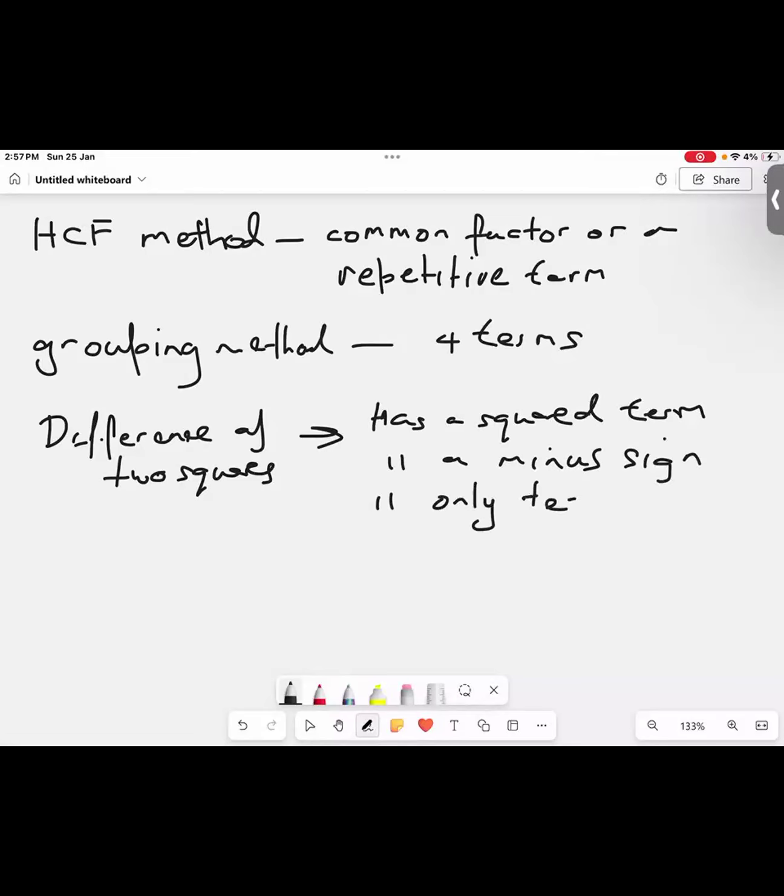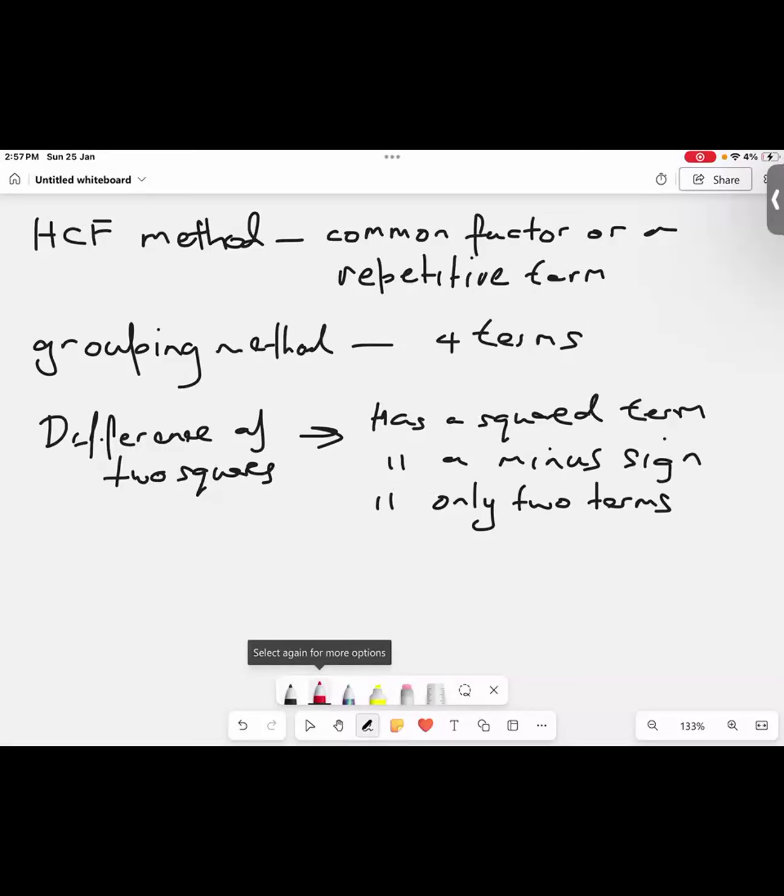Those are the little keys that I use. When I start to learn too many things, I have to find little keys, little clues that let me know that, okay, this expression is that technique. It has only 2 terms.